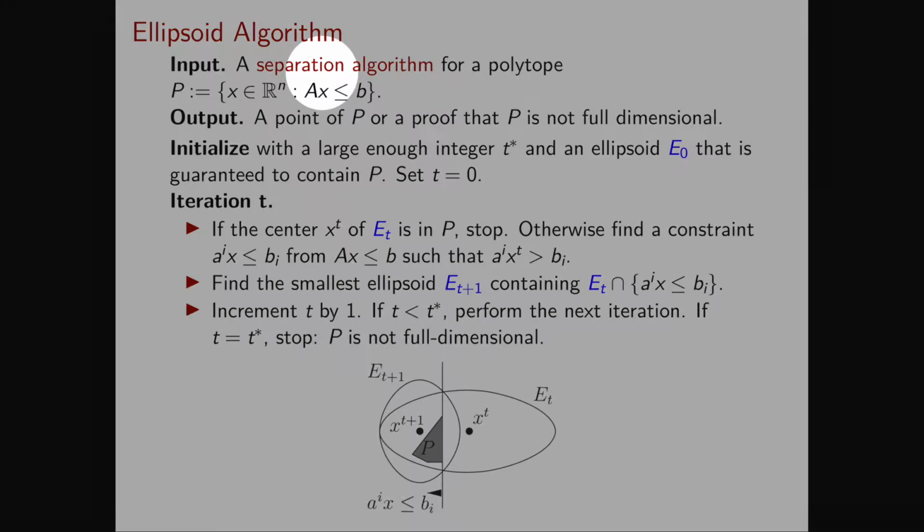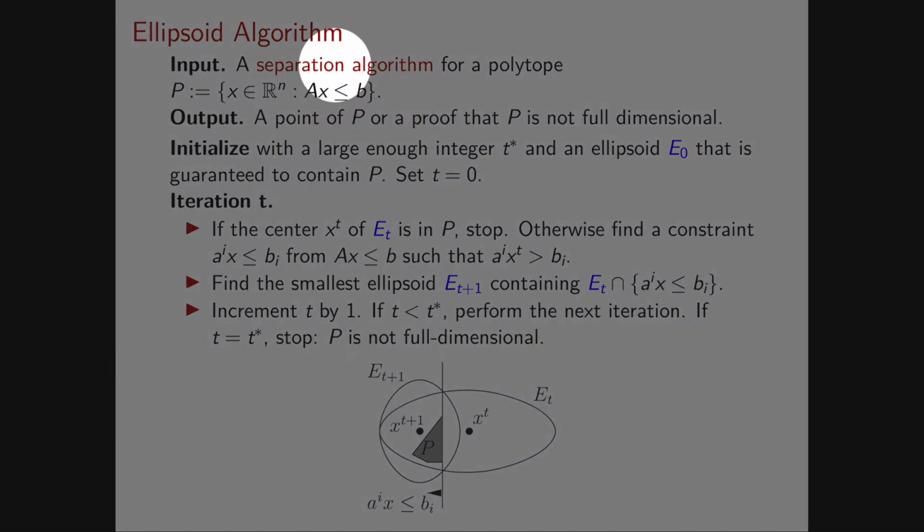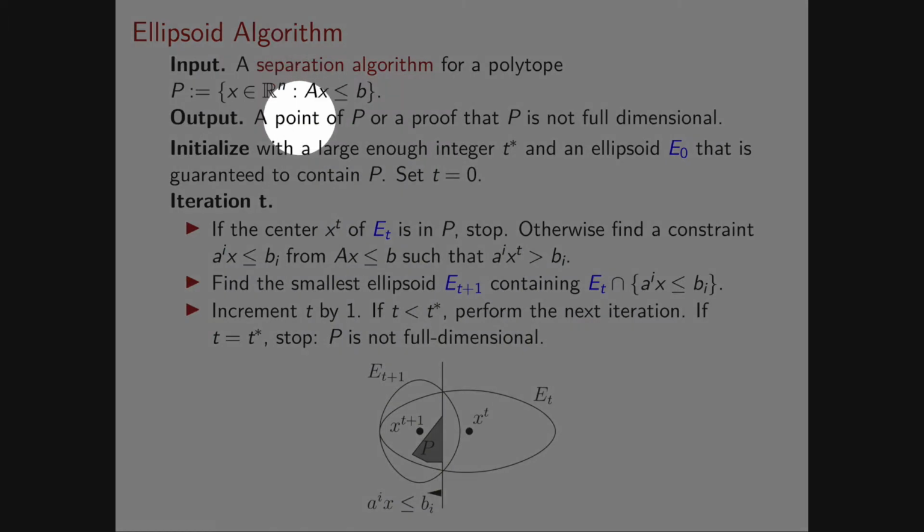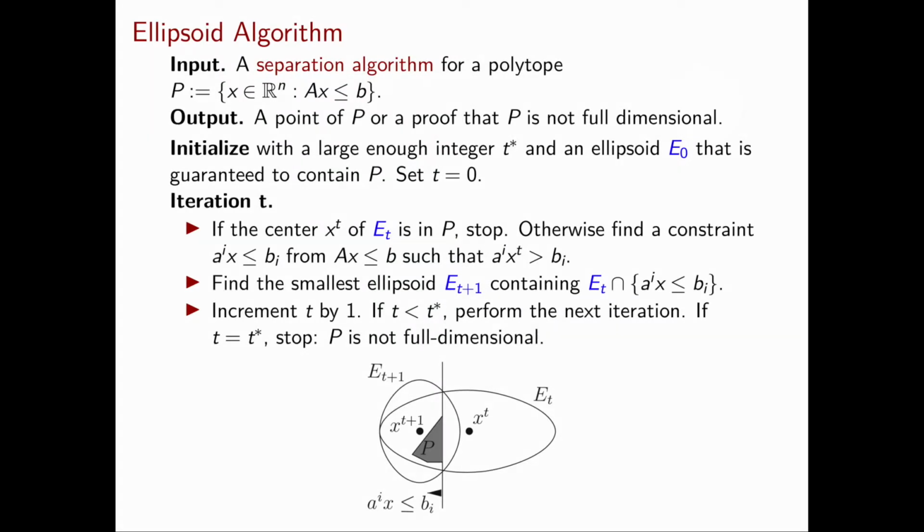In input, we have a separation algorithm for a given polytope P. And in output, we need to give a point in P or a proof that P is not full dimensional. At this point it's unclear why this is our output, because that's not exactly what we're interested in. But we will see that if we're able to obtain this output in polynomial time, then we can actually solve the optimization problem. We just need a couple more steps. So for now, let's focus on this input and this output.